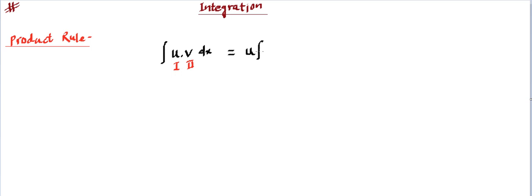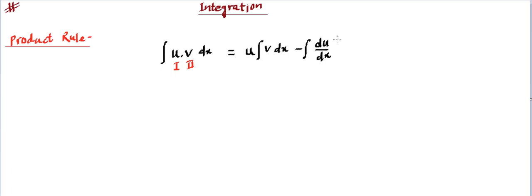We will be integrating the second function with respect to the variable we were integrating earlier. Then we place a minus symbol, and then we place an integration. And within this integration, we write the differentiation of the first function. So whatever first function we have chosen, we differentiate it with respect to the variable we have chosen.